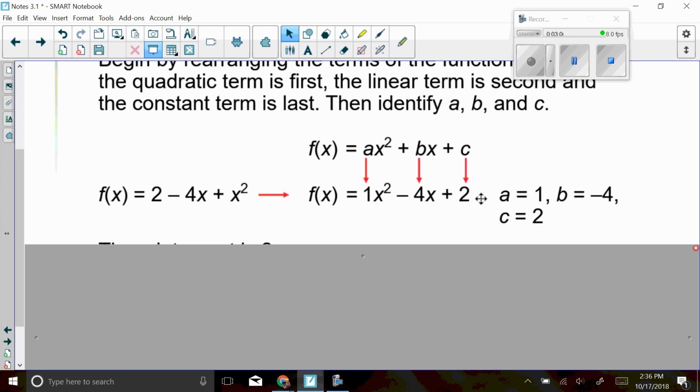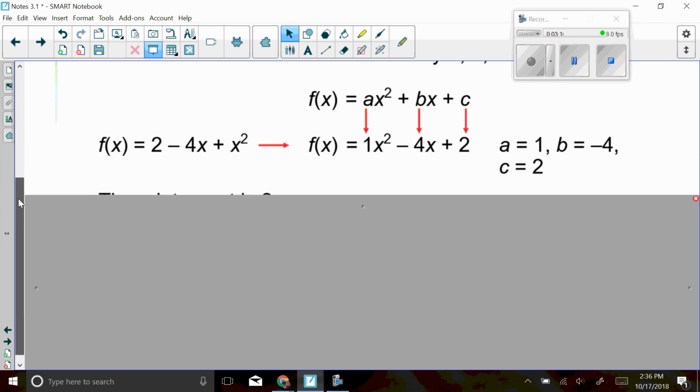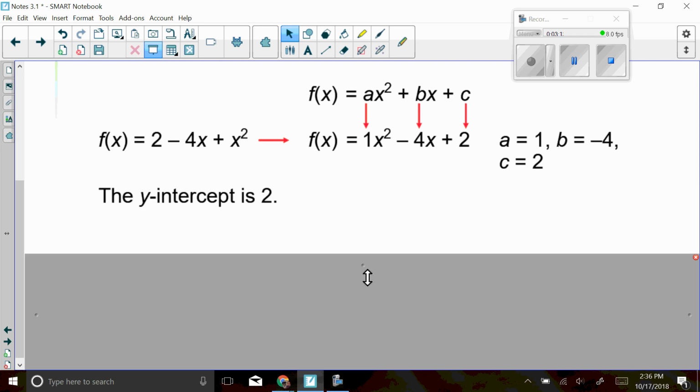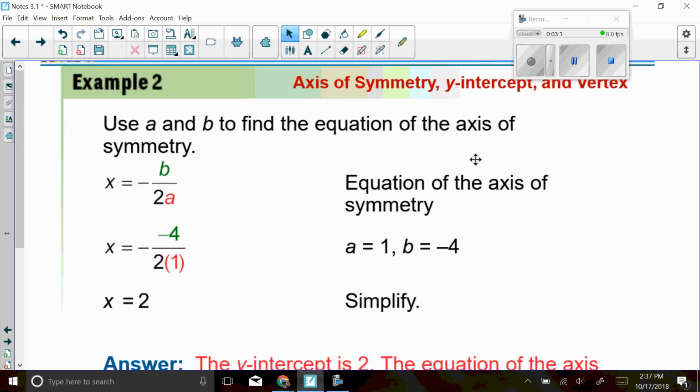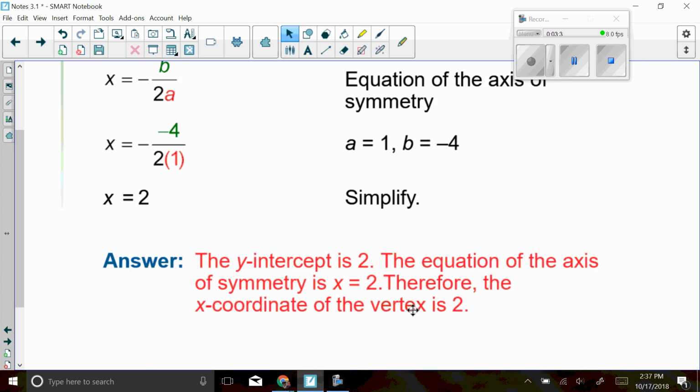Here's your quadratic, your linear, your constant, and then A, B, and C. So the next thing we need to do, our C value is your y-intercept. There it is. Next thing is we need to find the equation of the axis of symmetry. This is the equation. We need to plug in our B value and our A value, and we should get 2. So y-intercept is 2. Equation of the axis of symmetry is this guy.